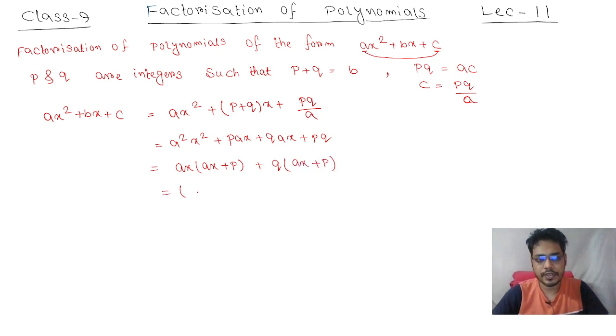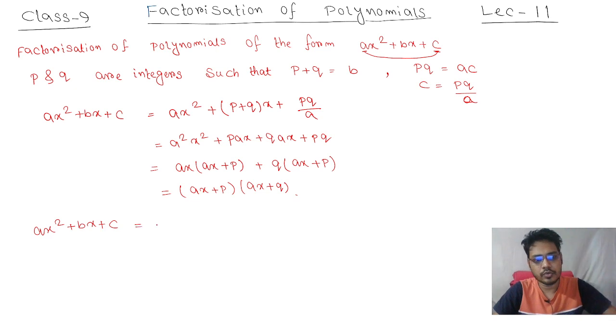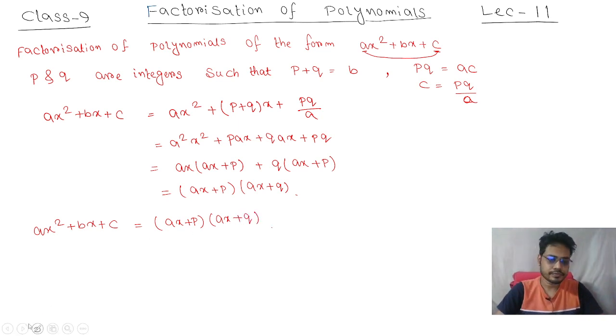Now ax plus p is common, so we can write ax plus p into ax plus q. That means we can say ax square plus bx plus c will be equal to ax plus p into ax plus q in this form.